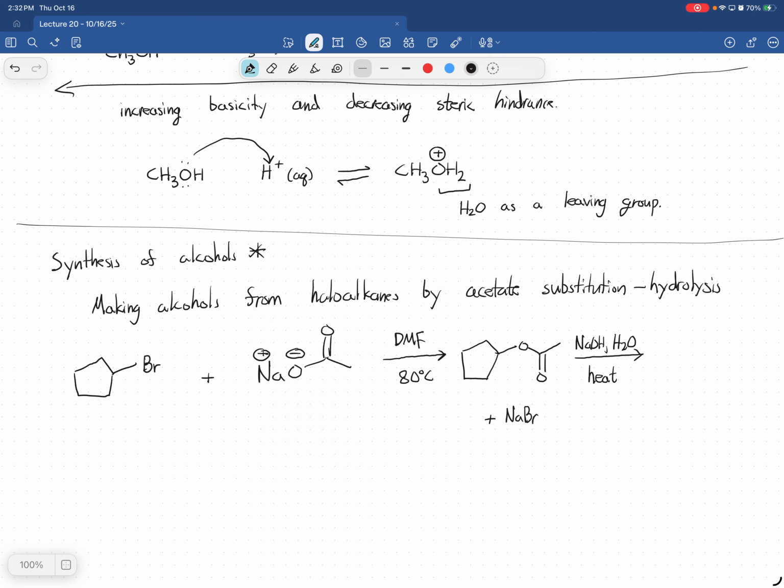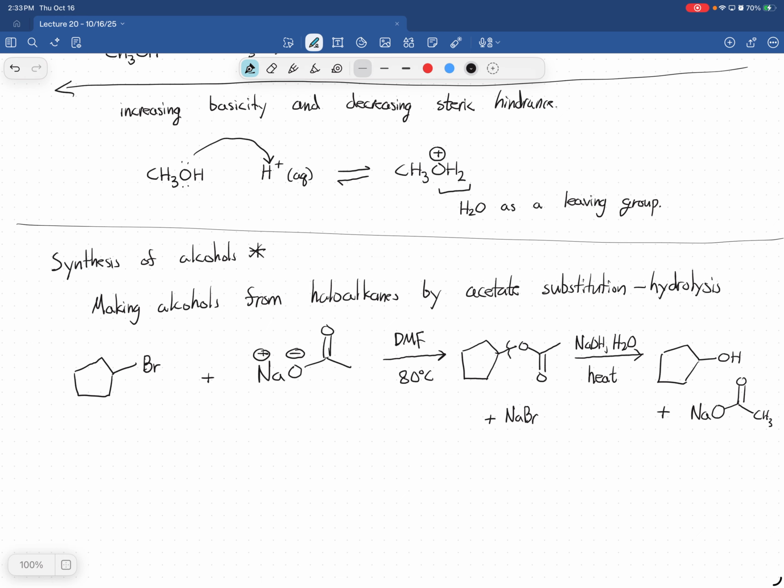What this does is cleave this bond, and what you get is cyclopentanol plus the acetate you started with initially. So you recycled your acetate group.